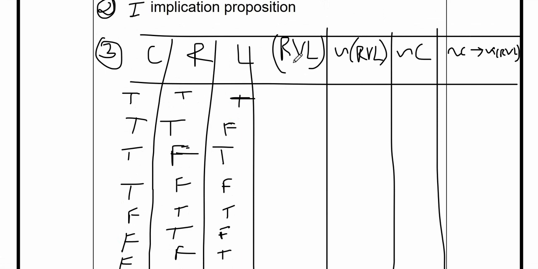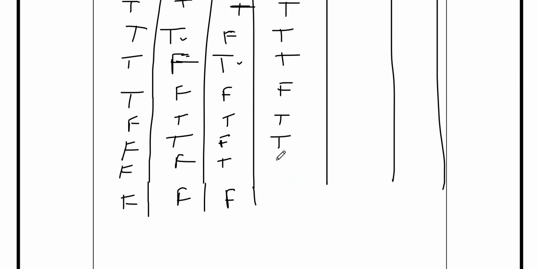Okay, now R or L, we need only one true value for this. So if we have one true value in R or in L, it is true. If we don't have a true value, it is false. True, true, true and false. This completes our fourth column.